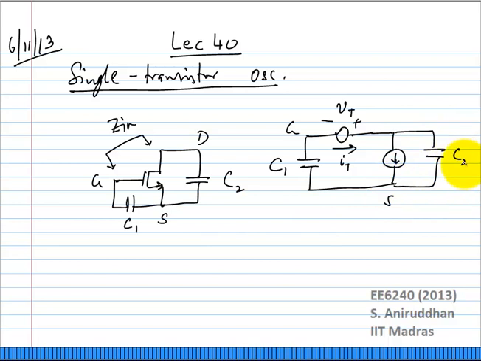Okay, what is this? It's gm times VGS, right? So now I'm going to call this voltage V1 and this voltage V2. Okay, so this is gm times V1 minus V2. Okay, what is this voltage? The drain voltage? It's V1 plus Vt. Correct?